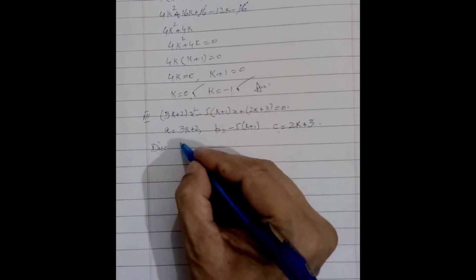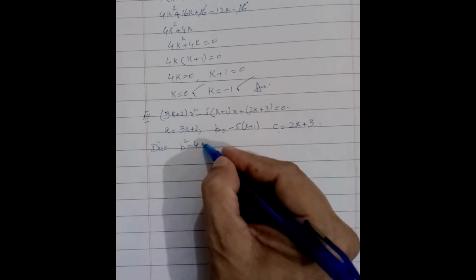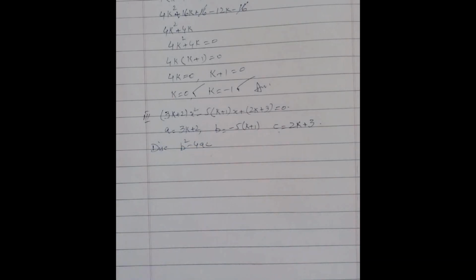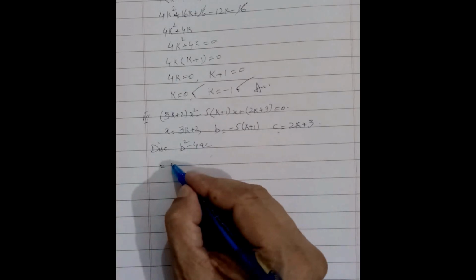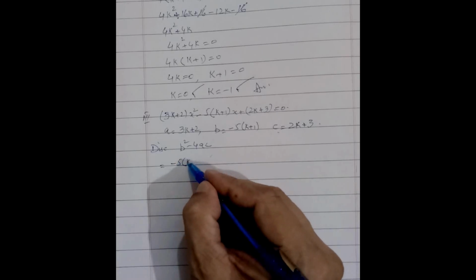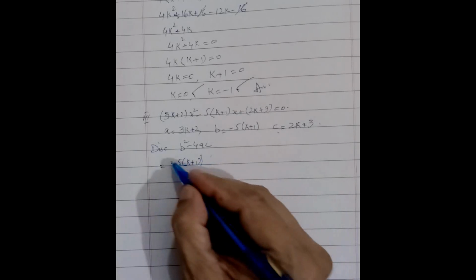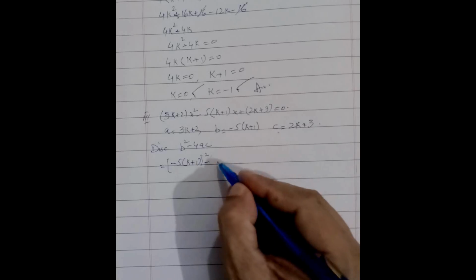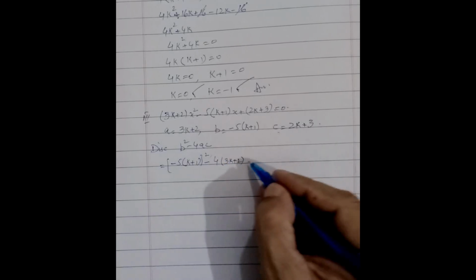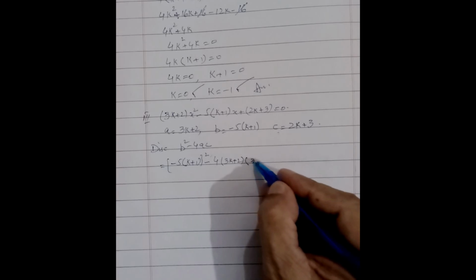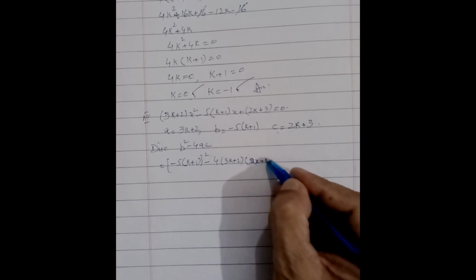The discriminant is equal to b square minus 4ac. Now we put the value of a, b and c in the discriminant. We get minus 5 into k plus 1 whole square minus 4 into 3k plus 2, and the other value c is 2k plus 3.